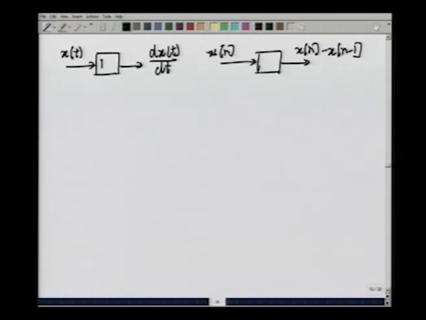We would represent both these by D and D. The context would make it very clear whether we are concerned with a discrete system or a continuous time system.